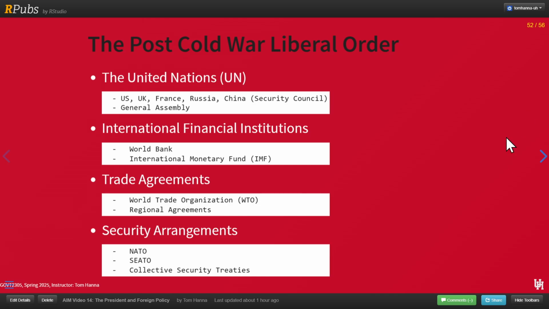All of these things, the United States was instrumental in starting, was an original member of, and has used as elements of U.S. foreign policy. The post World War II liberal order is the order that the United States wanted to happen.